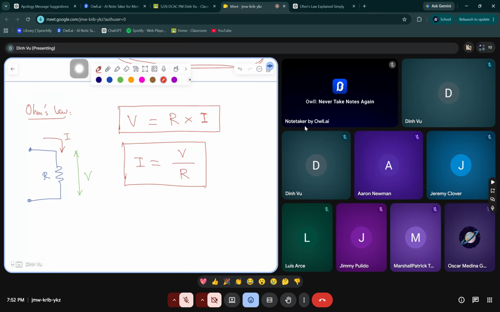Or you can write R is V divided by I. If we know the voltage V, if we know the current I, you could calculate the resistance R. R is V over I.